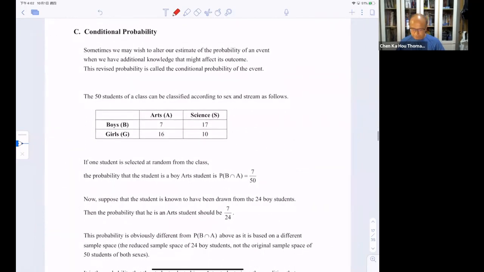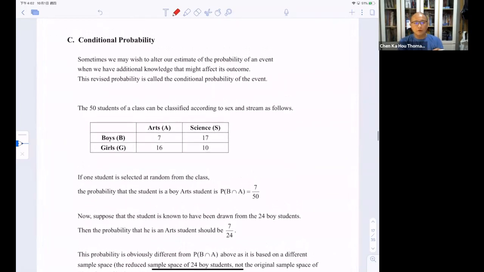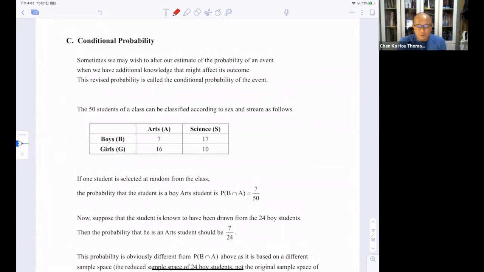All right. Now we go to a bit more difficult section, called conditional probability. 中文就叫做條件概率。Sometimes we may wish to alter our estimate of the probability of an event when we have additional knowledge that might affect its outcome.